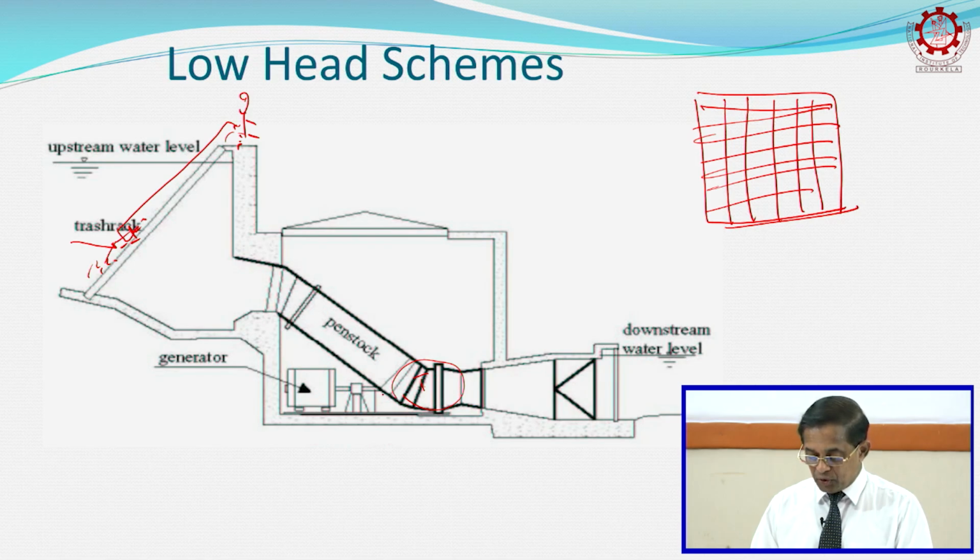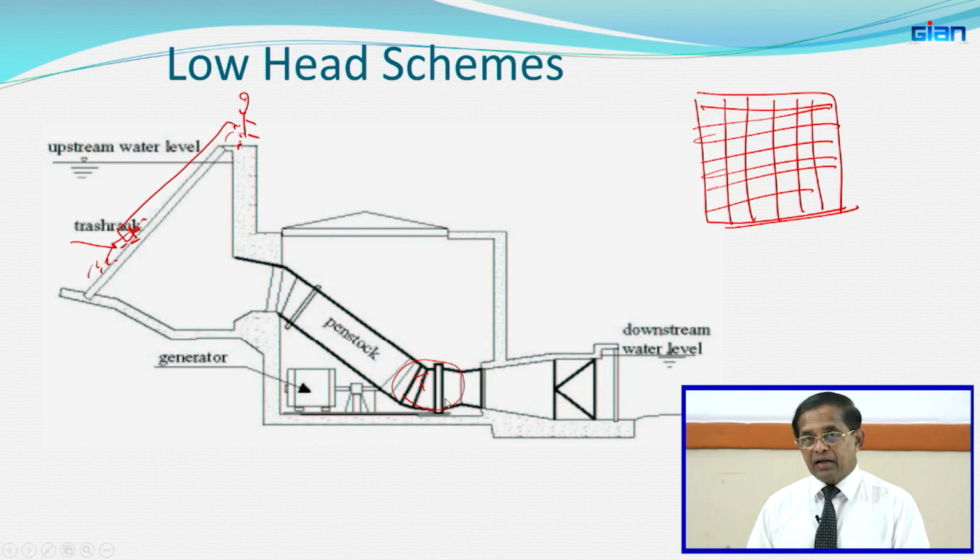Turbine is there. So there is a water seal here where the shaft comes out, and connected to the generator. And these turbines, we are going to discuss types of turbines later. So these are called reaction type turbines, right.